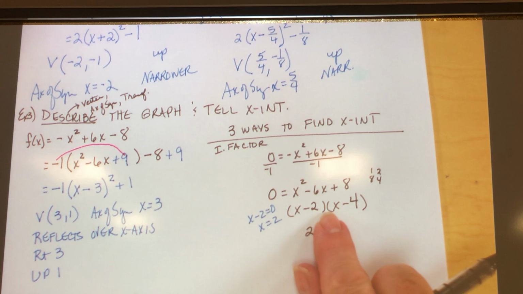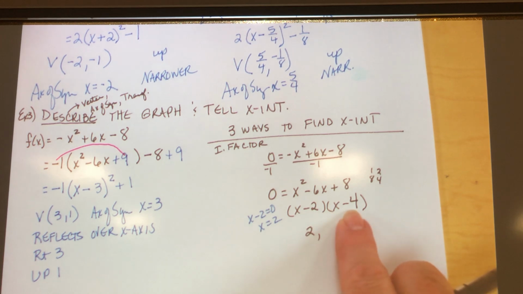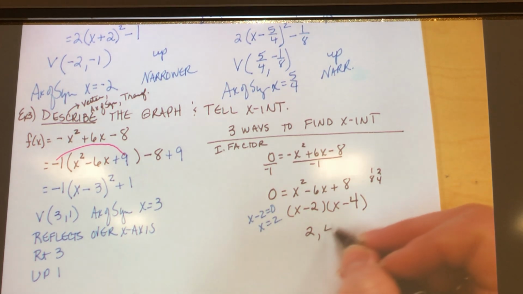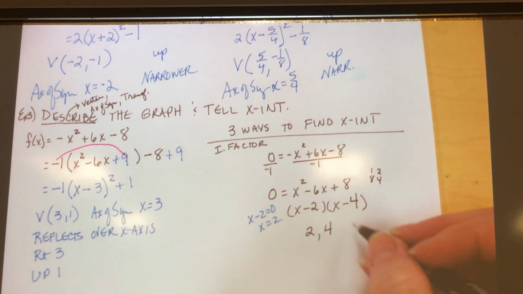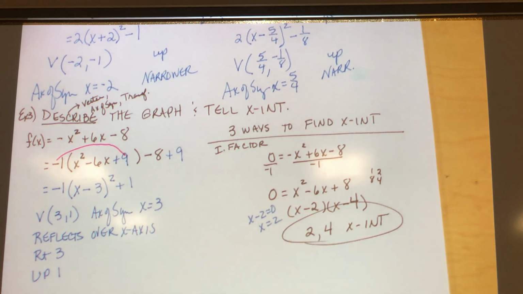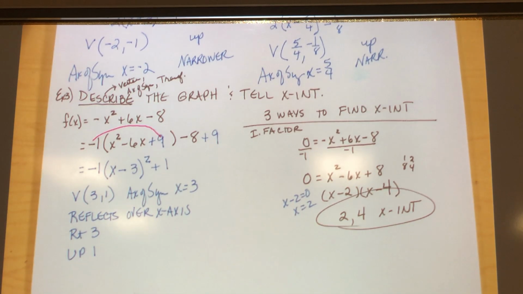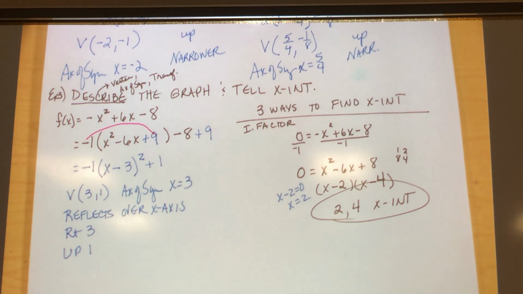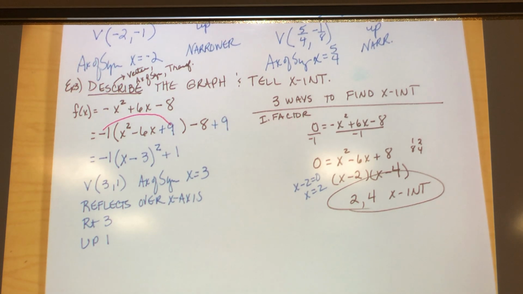If there is a number in front of x, what do you have to do with that number? Divide by it. Okay? So over here, if x minus 4 is my factor, what's my root? 4. So these are my x-intercepts. 2 and 4.